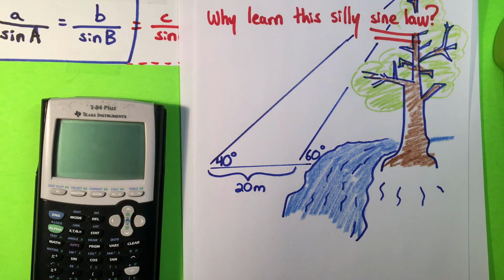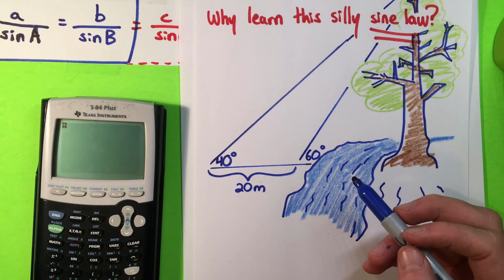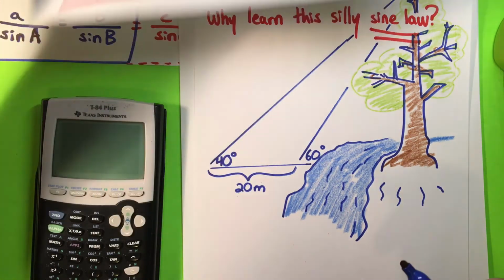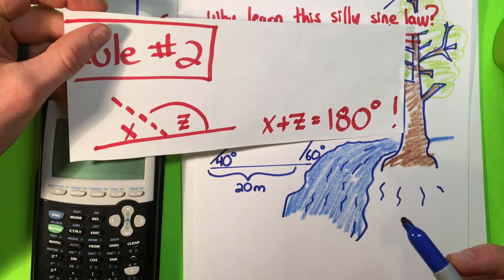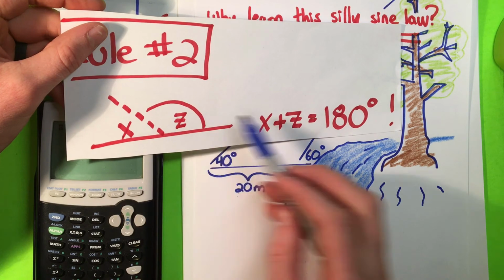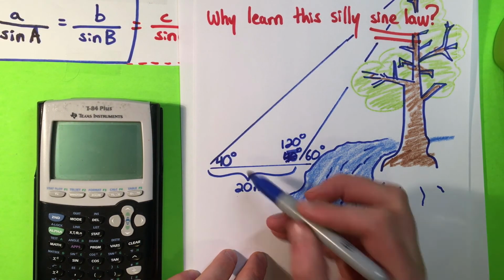And what you do is you first have to use rule number 2, which says that if you have a straight line and something intersecting in between it, the two angles on either side of that intersector have to add to 180 degrees. So using this, we'll find out that this is going to be 120 degrees there.